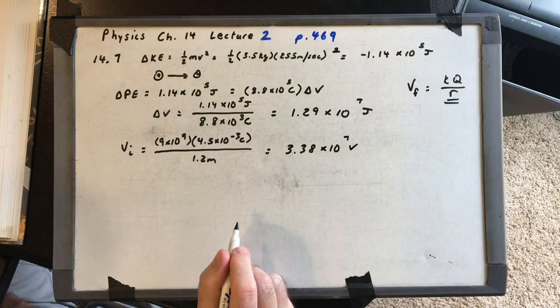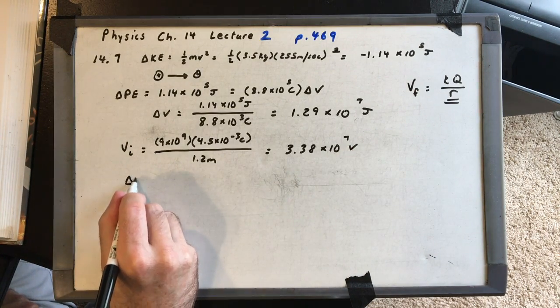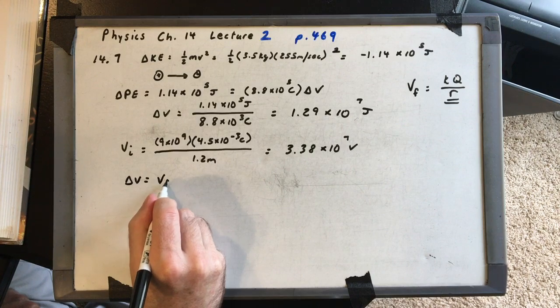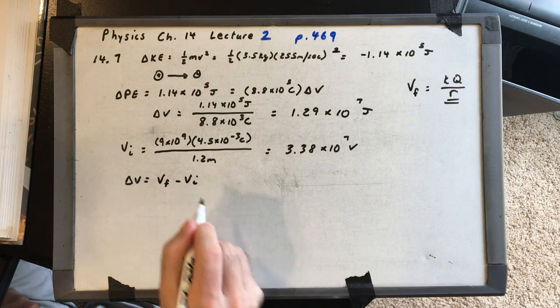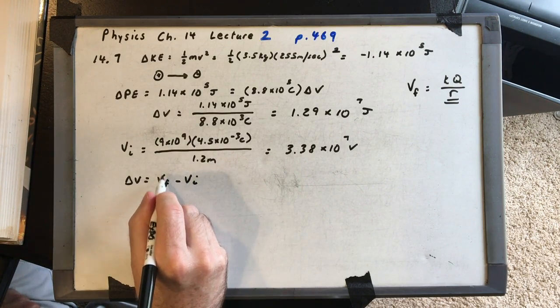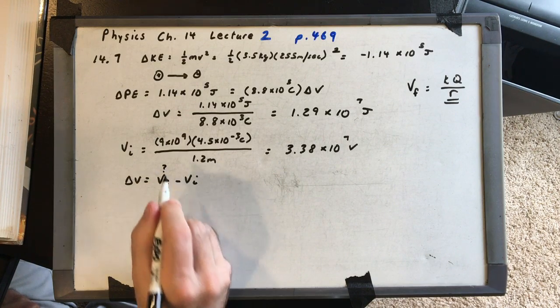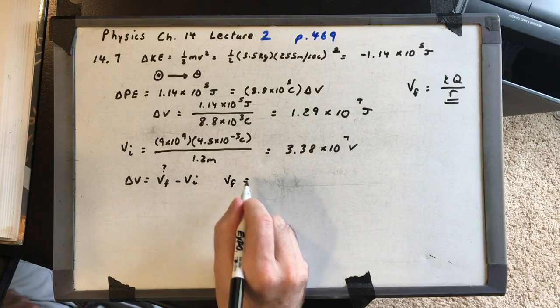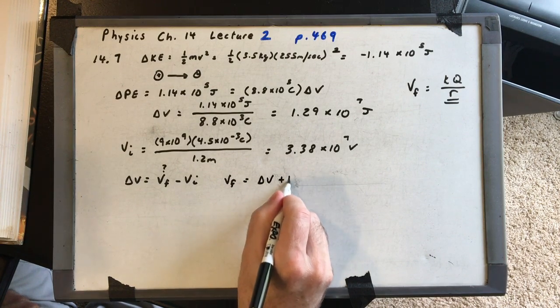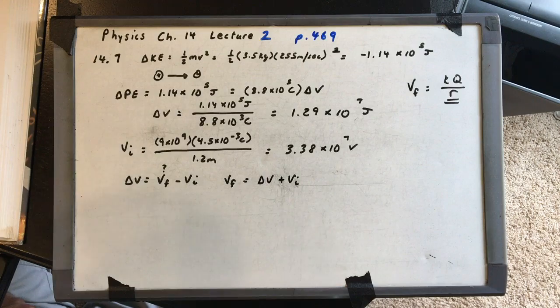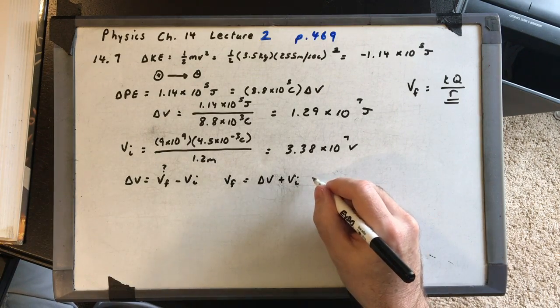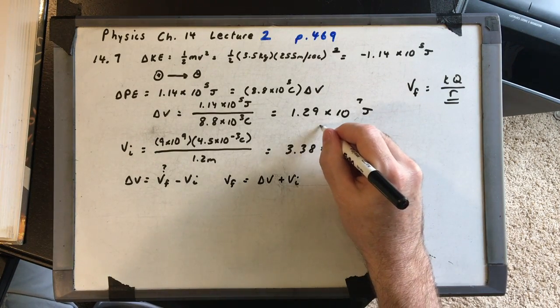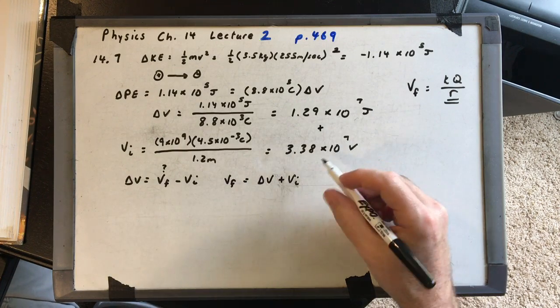volts. All right, if the change in voltage is the final voltage minus the initial voltage, and I need final voltage, I need this guy, we can solve for final voltage. It's going to be delta V plus the initial voltage. So we're just going to have to add these two, delta V, initial voltage.